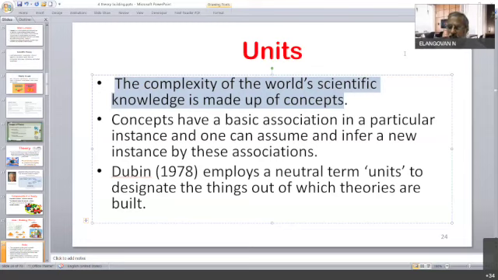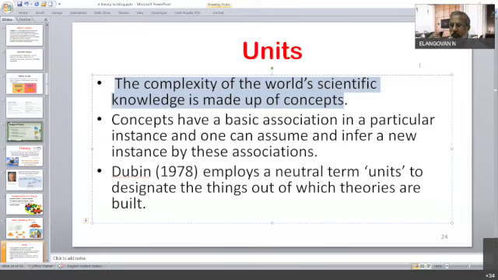Mass. So mass can be used for weight. Mass can also be used for pressure. Mass can also be used for density. So likewise, these concepts are associated at one point of time, or in one instance, with another concept, and in another instance with another concept.